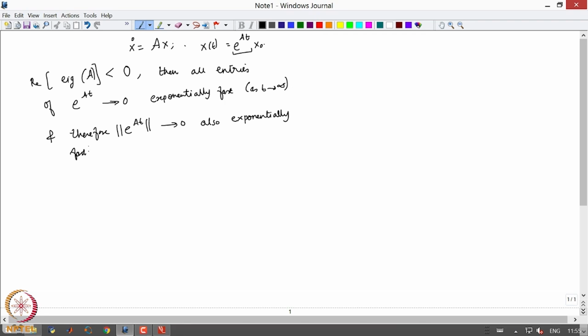This could be for any matrix norm, 1 norm, 2 norm or the infinity norm, and therefore this would mean that there exist constants c, lambda greater than 0 such that the norm of e power At is less than or equal to c e power minus lambda t, for all t.